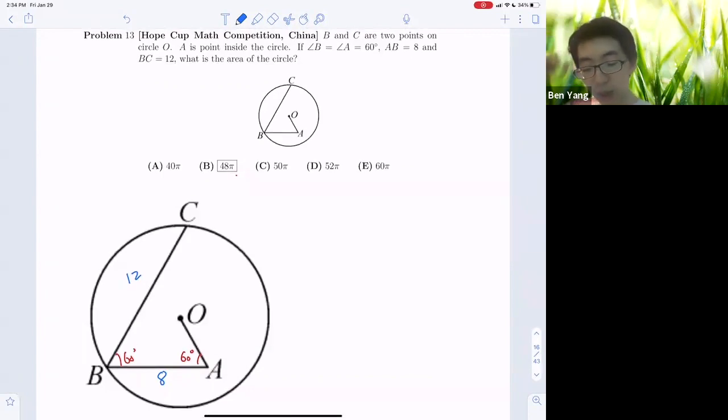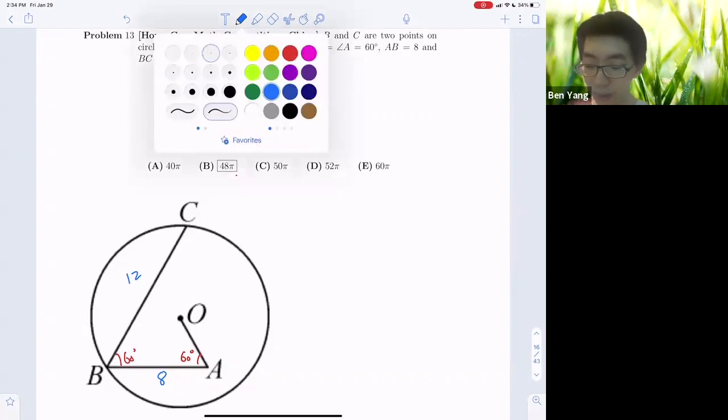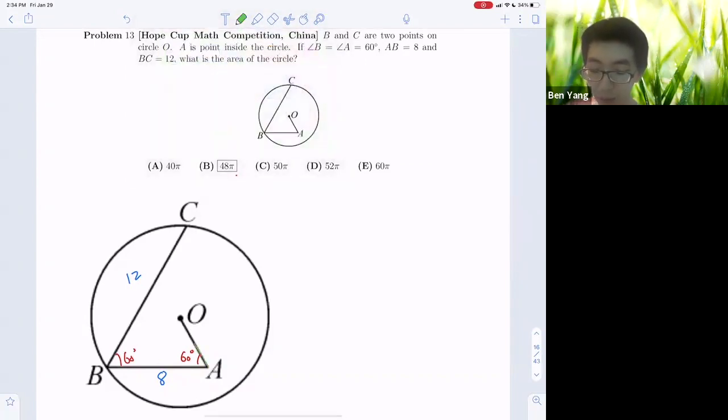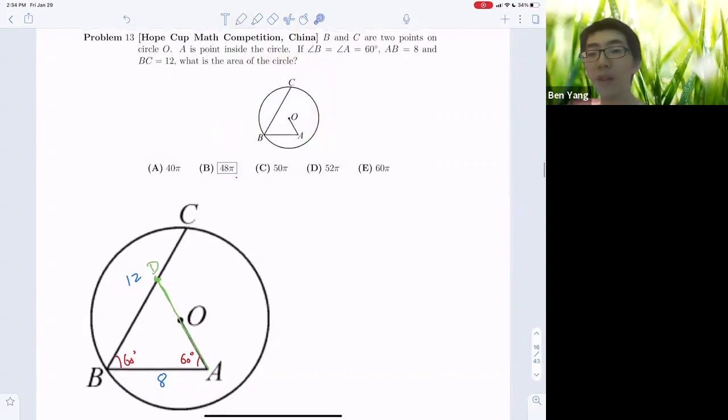Okay, so the first thing I would like to do is to extend AO to the point D on BC. The reason we do it is because angle B and angle A, both of them are 60 degrees. So if we extend AO to the point D, we have the triangle ABD is an equilateral triangle.